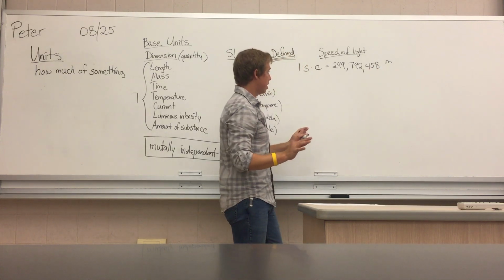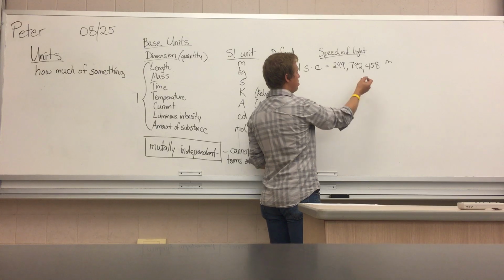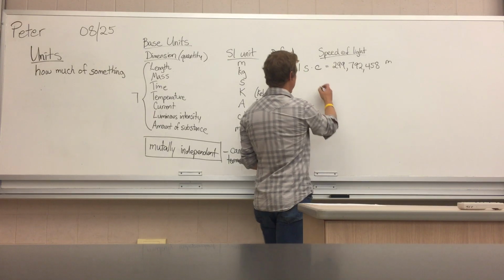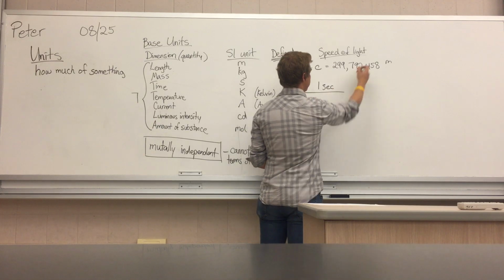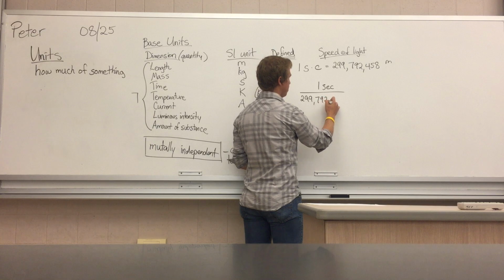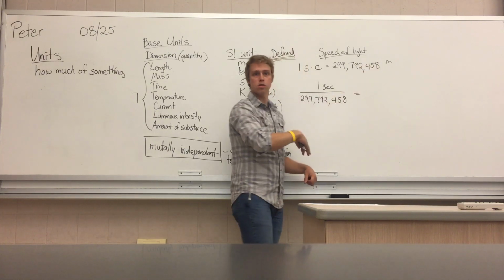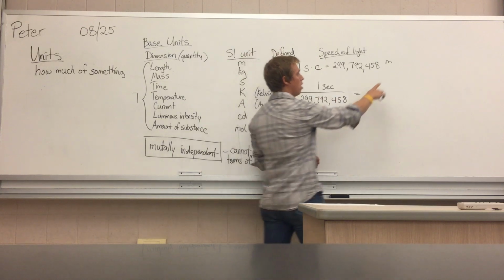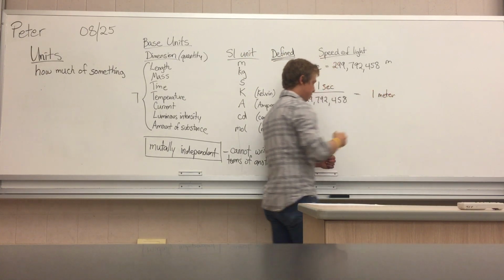We're still good, okay? Now, I'm going to take this number and divide both sides by it. So I'll rewrite this: 1 second divided by this number, and then on this side it cancels. It was in the top, I divided by it, and all that we're left with is the 1 meter.